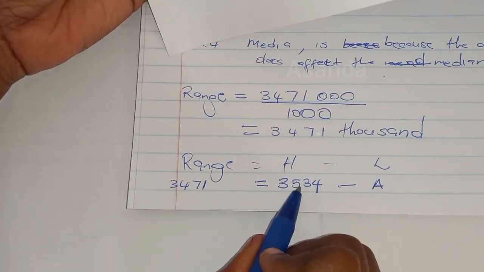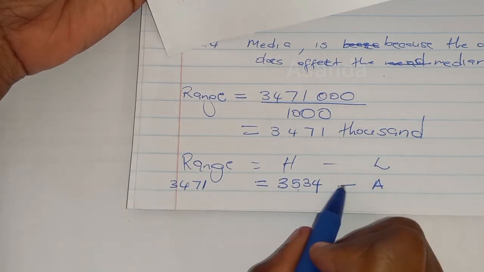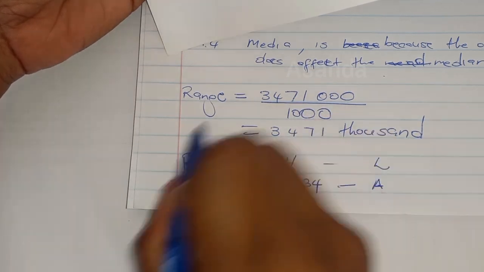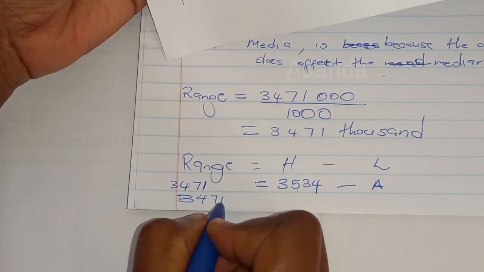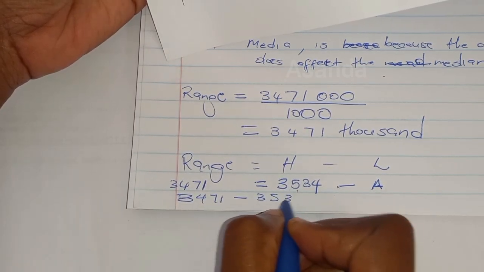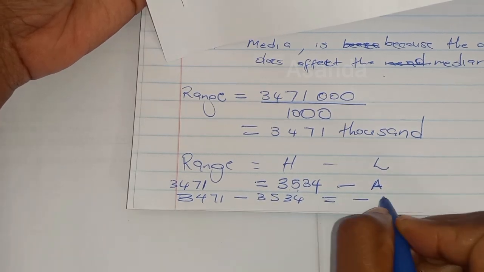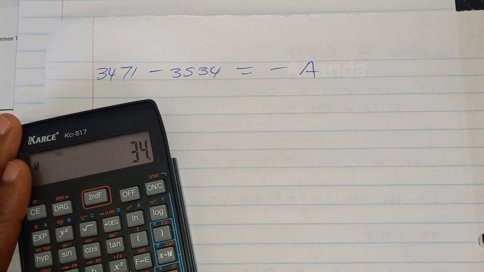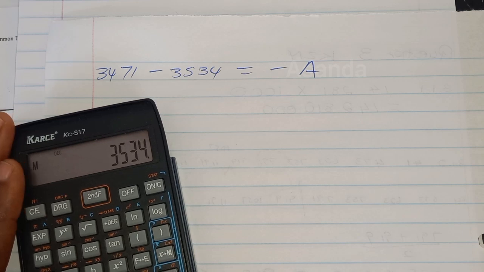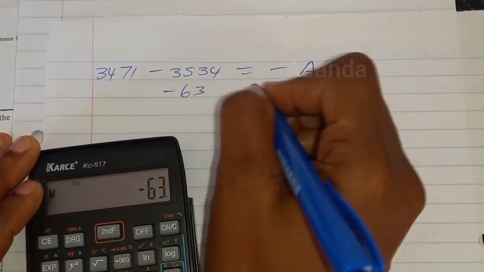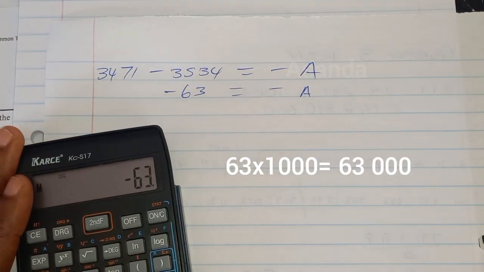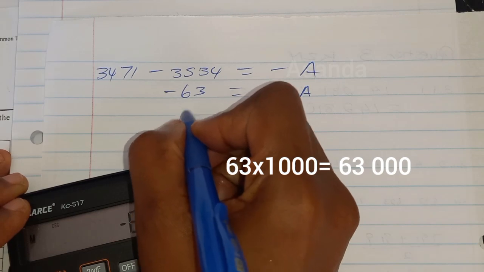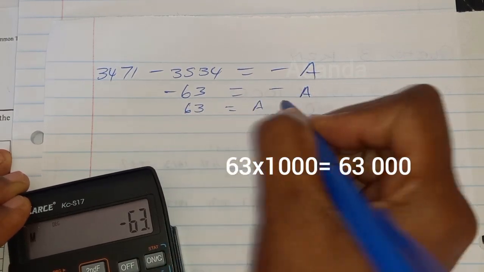Since A here is sitting with this number, I'm going to take this number to the other side. So I'm going to say 3471 minus 3534 is equal to minus A. Then I get minus 63, which is equal to minus A. Now I know A is not negative, so I'm just going to divide by minus 1, and then A is equal to 63, right?